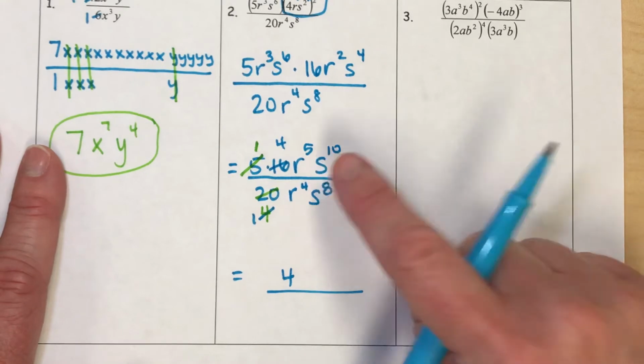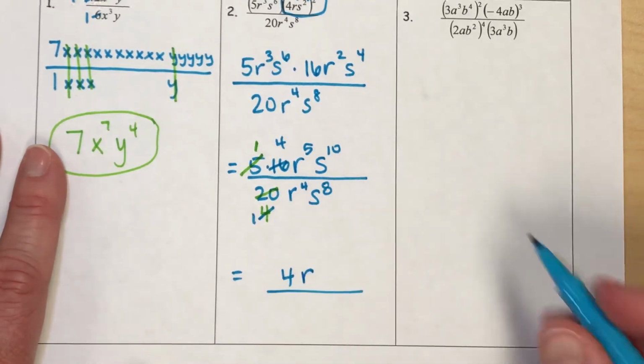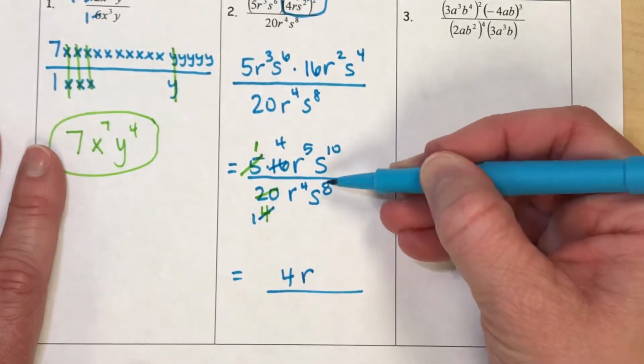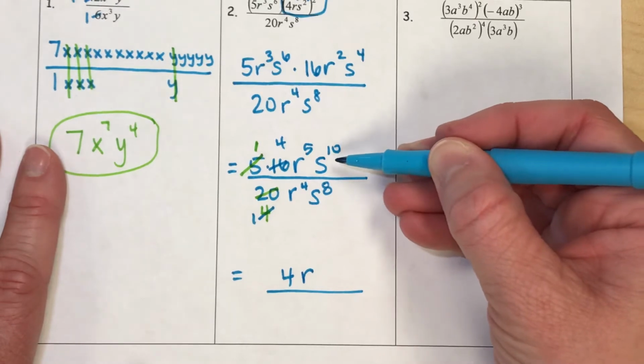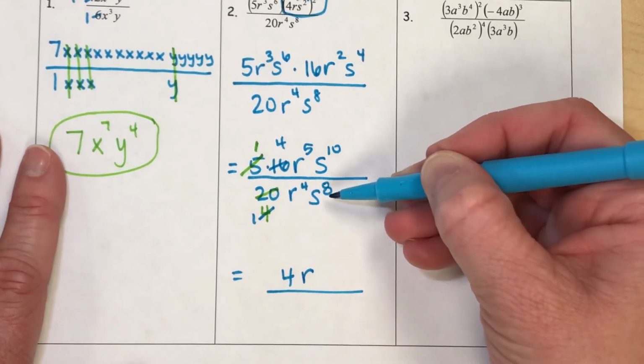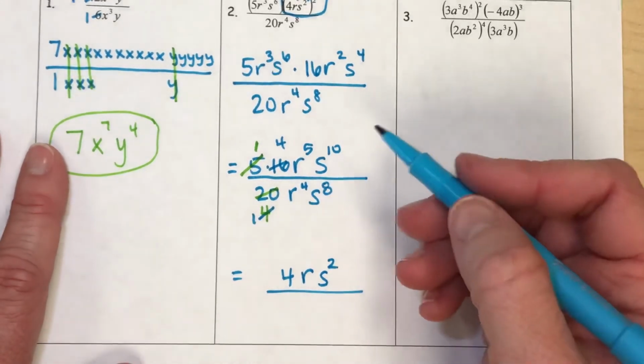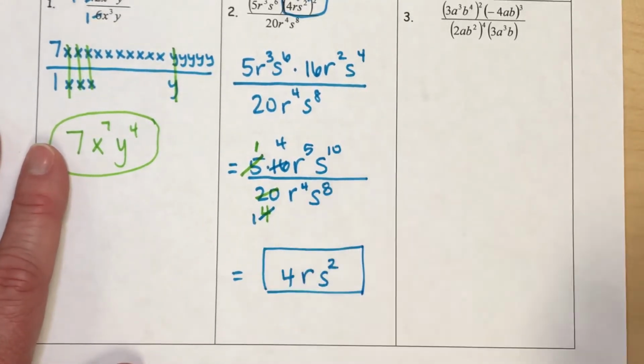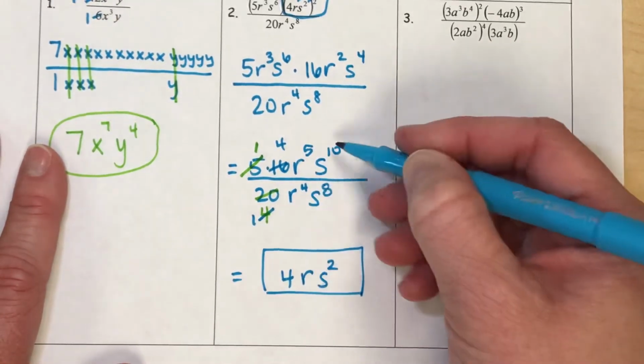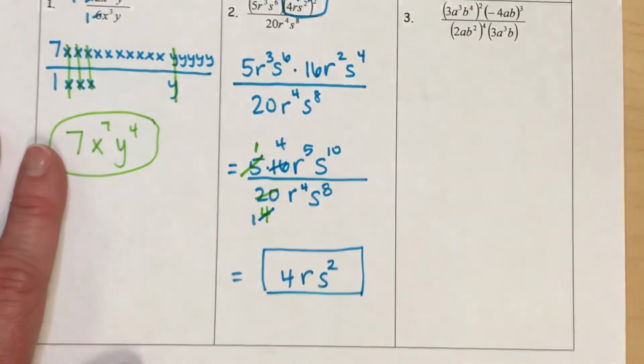I have 1 more r in the top. And 10 compared to 8, there are 2 more s's in the top because if I subtract 8 from 10, I have 2 left over, and those 2 left over are in the numerator, which means I have no denominator here because I canceled them out. Subtract your powers. 5 minus 4 is 1. 10 minus 8 is 2.